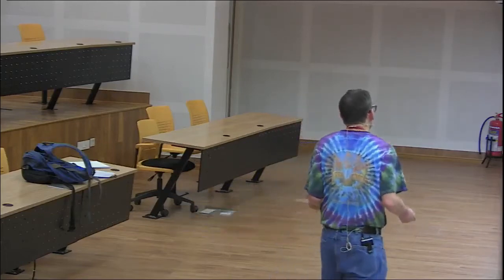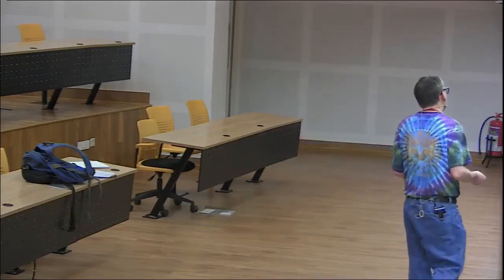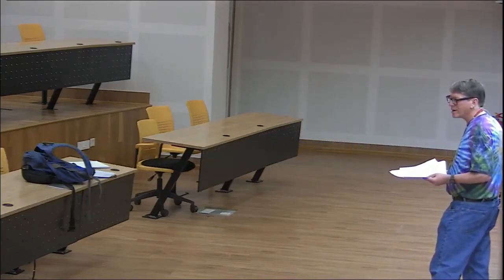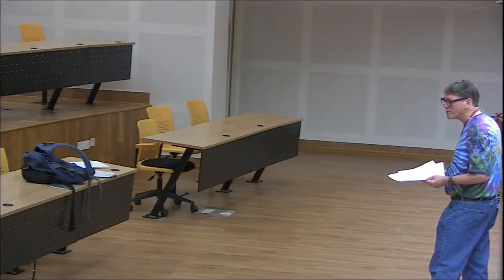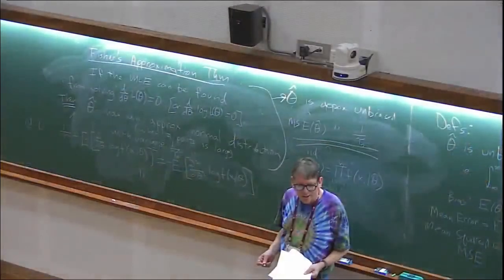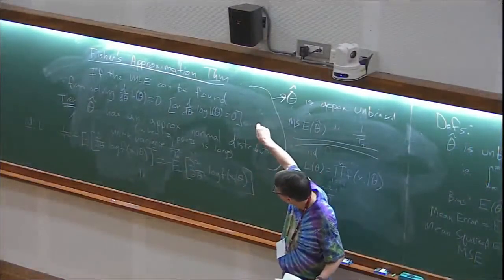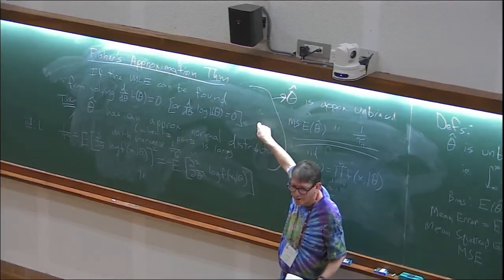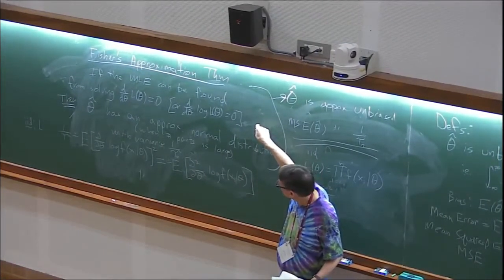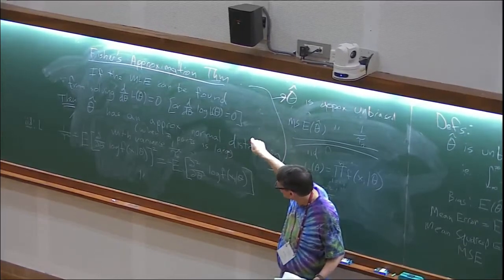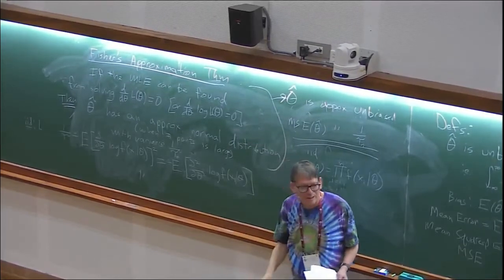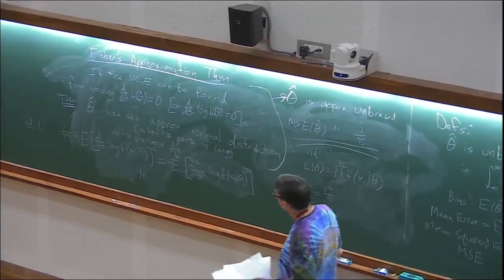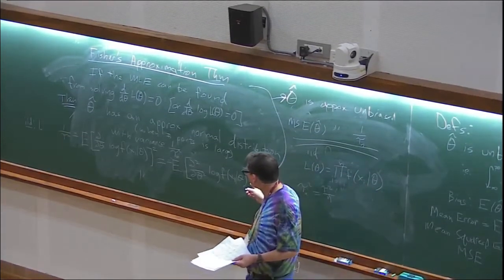Just as so many things in statistics can be approximated by normal distributions, it turned out we got our distribution back when we do the maximum likelihood. Not only did we get our distribution back, it's normal. It has a variance that is given by this formula.